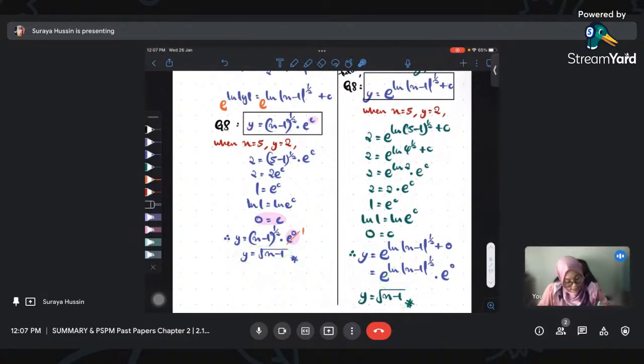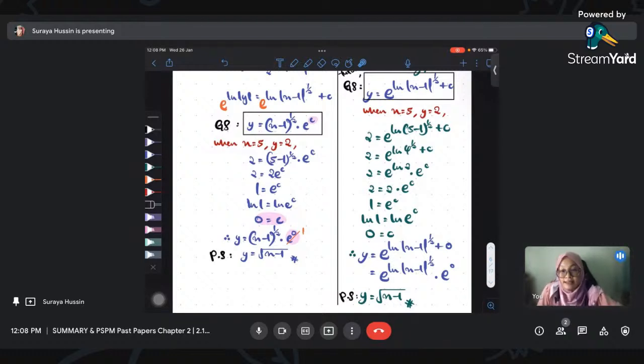Your particular solution will just be the same. Maybe I should write it down. This is particular solution, PS. Particular solution will always be the same. Yang kurang sama adalah GS. Your general solution will be a little bit different.